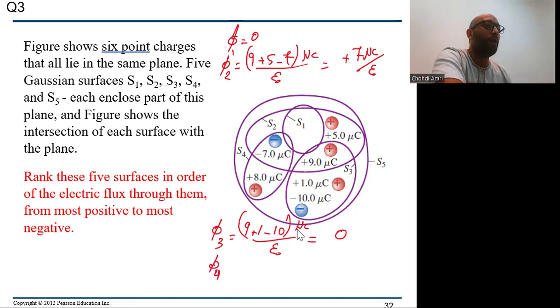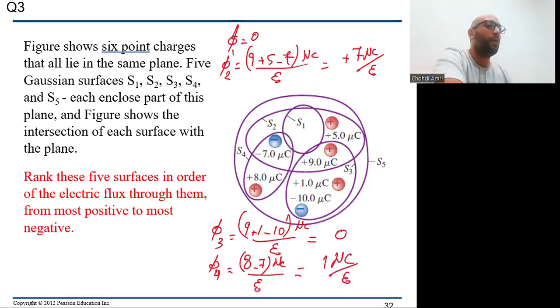Phi 4, what is the surface 4? We have 8 microcoulomb minus 7 microcoulomb. 8 minus 7 microcoulomb divided by epsilon naught, so that means 1 microcoulomb divided by epsilon naught. What about phi 5?